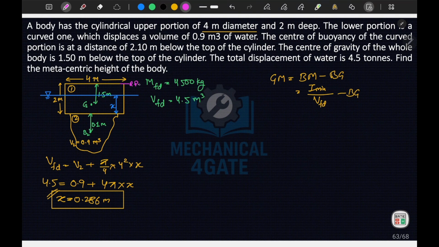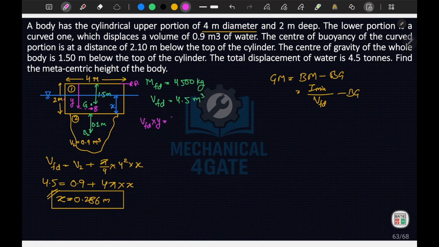Let's say this is your reference line, and at a distance of, let's say, y, here is the overall B. So I can write that volume of fluid displaced times y is equal to the volume of the first body that is submerged.